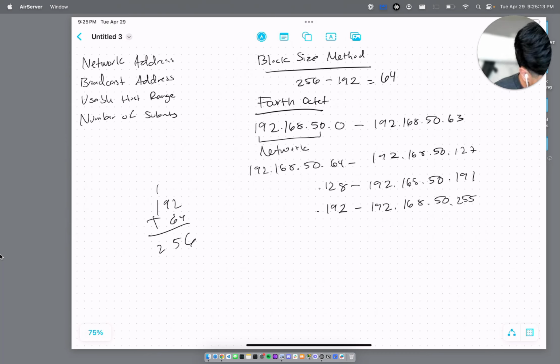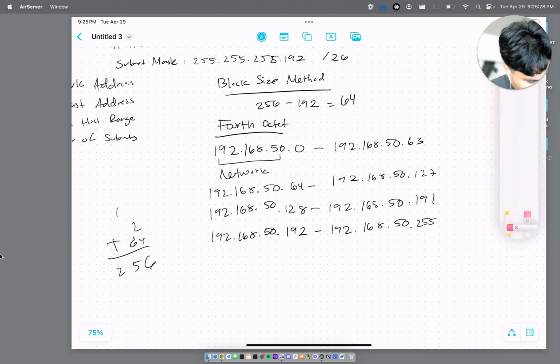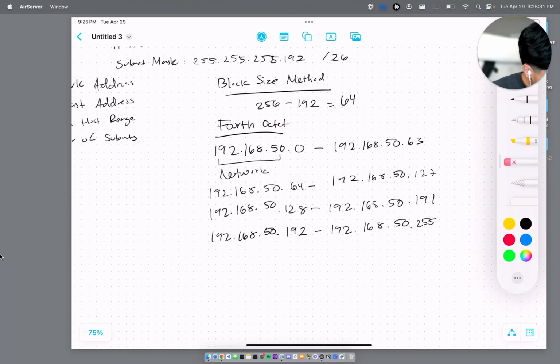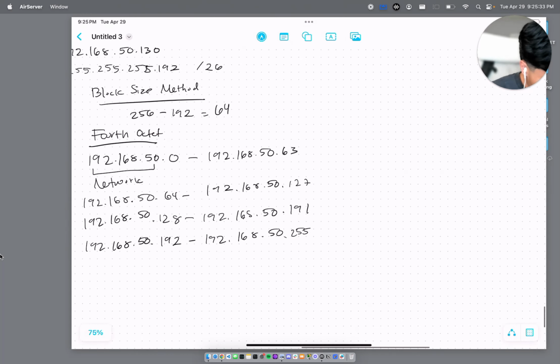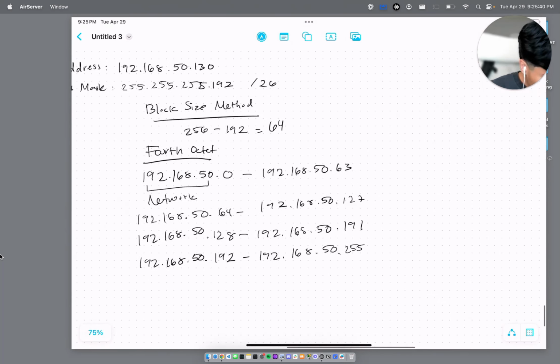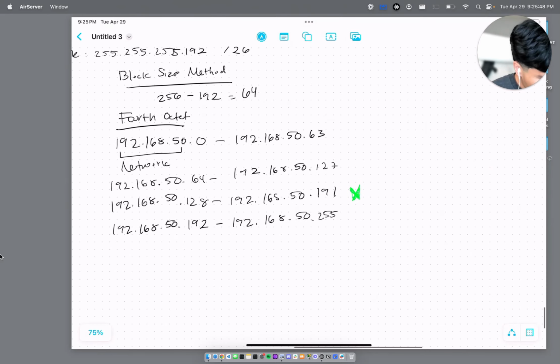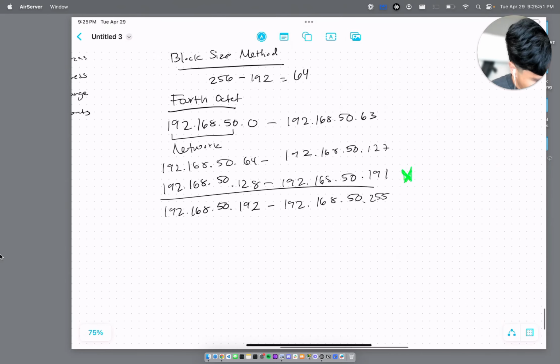Okay. So which subnetwork does this one belong to? It's going to belong to this one right over here, right? Because it's dot 130. It's going to belong to this one, right?